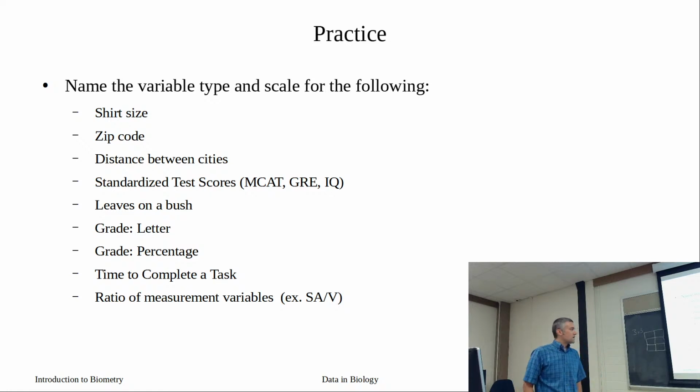So in those quantitative variables, they can be either interval or ratio scale. So what's the difference between those two? Intervals can range from negative infinity to positive infinity, or between definite values.